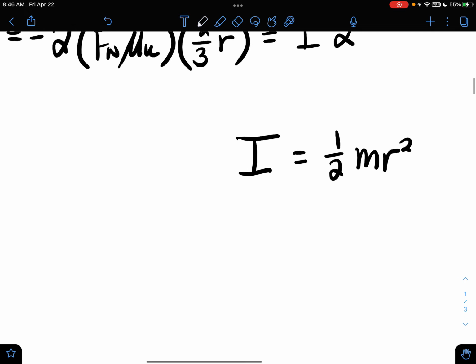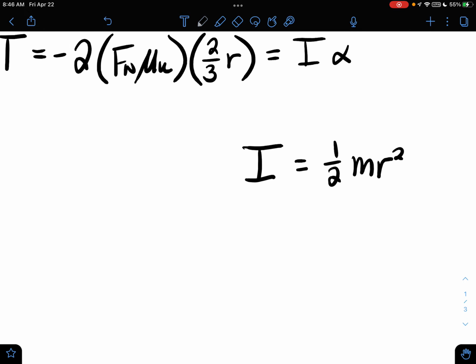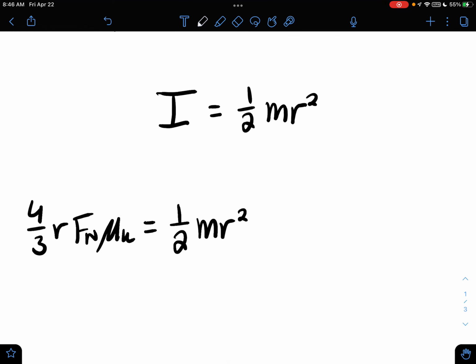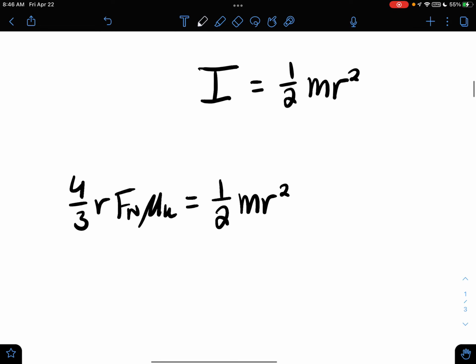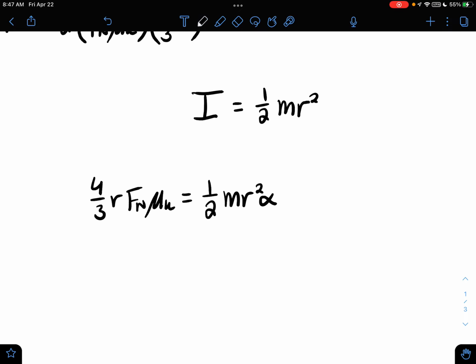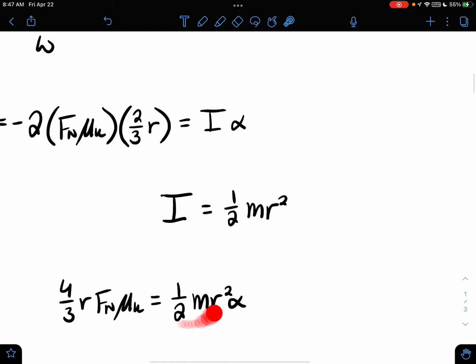So now if I plug all of this in and simplify this side a little bit, we're going to get 4/3 r Fn mu k equals 1/2 mr squared, oops, sorry, forgot to write the alpha there, I times alpha.